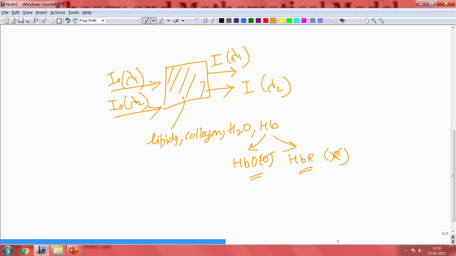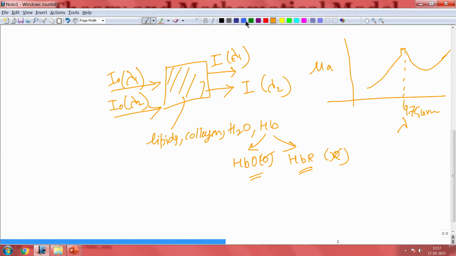For example, if you now draw the wavelength as a function of absorption, or mu a, what you observe is that for water the peak rises somewhere at 975 nanometers, then it reduces and finally increases after that wavelength.